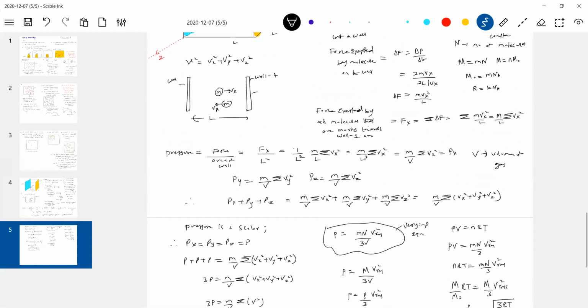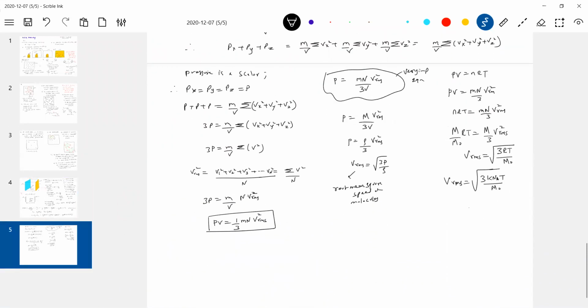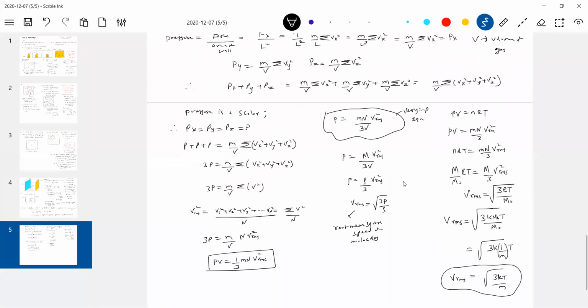Na by m naught, what can you write it as? 1 by m. Okay, like this, what happened? The RMS speed of a molecule, we are expressing in this particular way.